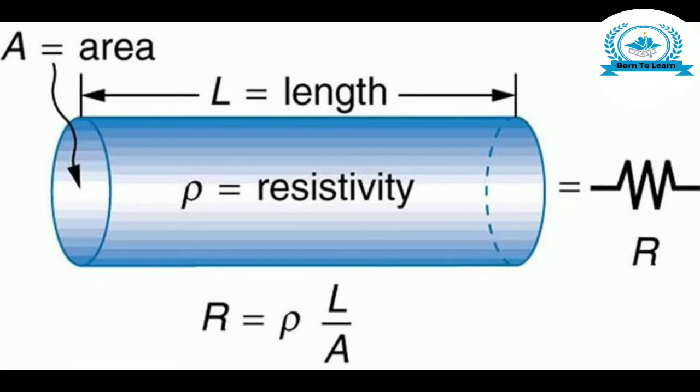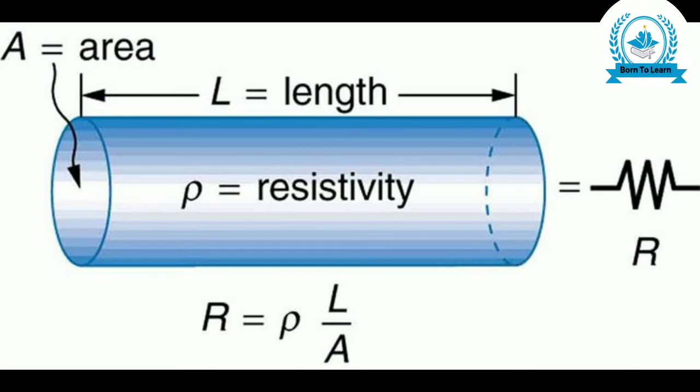It is due to their high resistivities that manganin and constantan alloys are used to make resistance wires or resistors used in electronic appliances to reduce the current in an electrical circuit.